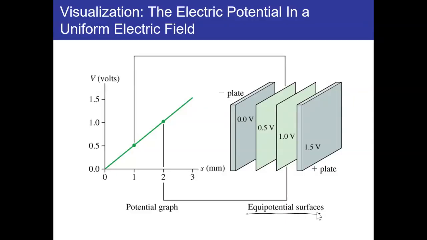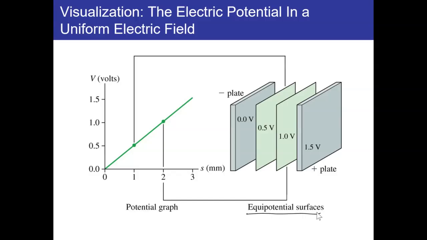Well, that's a plane. Right? All the points that are 1 millimeter away from this plate is a plane. And now all those points will have a potential of 1/2 volt because they're all 1 millimeter away. If I go to 2 millimeters away, what are all the points that are 2 millimeters away? That's another plane, okay? And at that distance, I'll be at 1 volt. So all these points are 1 volt.